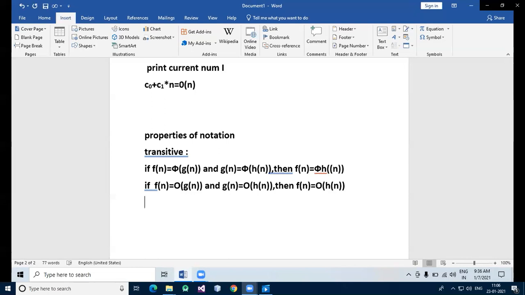Okay, then again, we have seen theta notation, and then big omega. Theta, then omega we will see now, and this O is big O notation, right?